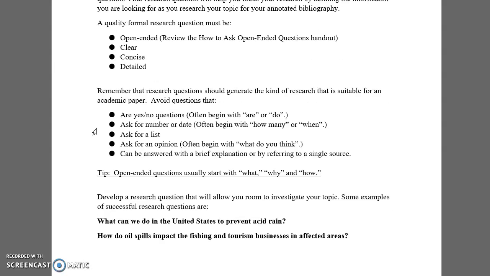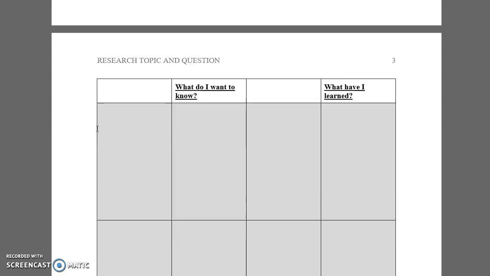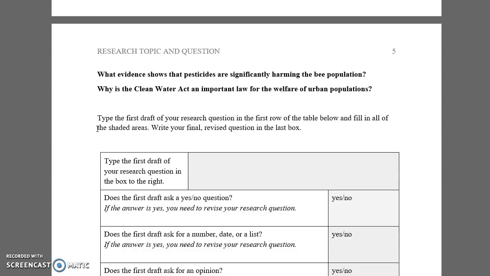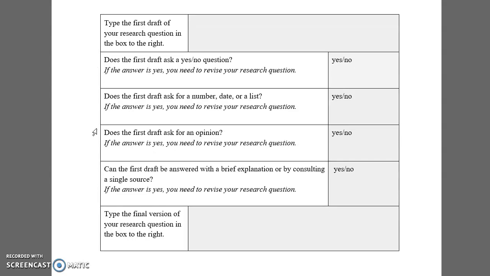If your question can be answered back in the KWL, if you answered it already, that means more than likely that it can be answered briefly or by consulting a single source, and we don't want that. We want something that's complex that you need to do a little bit of research.